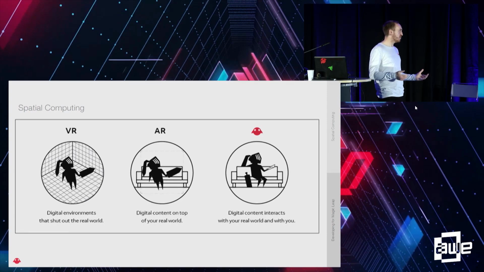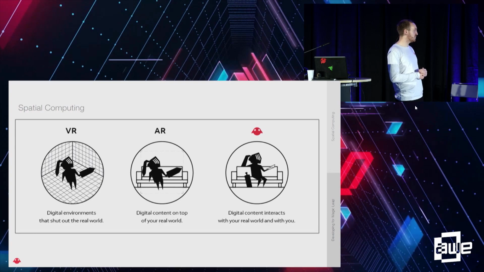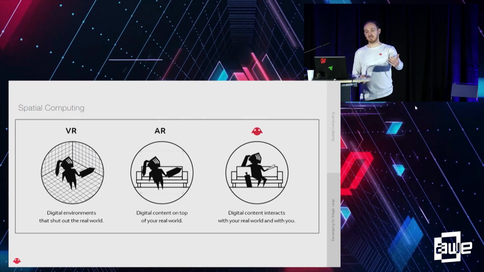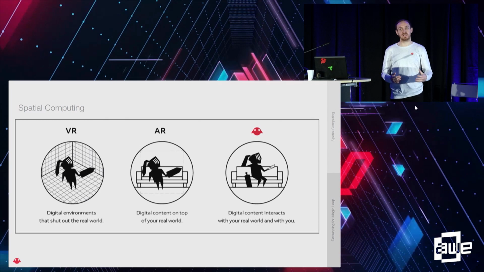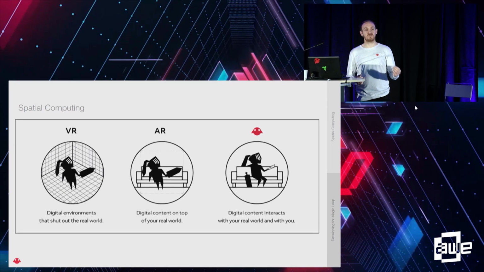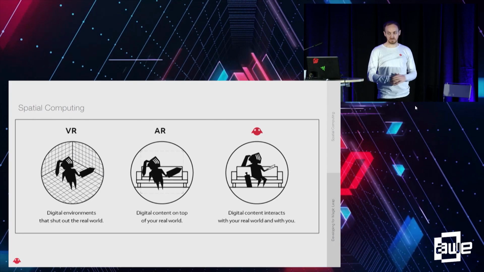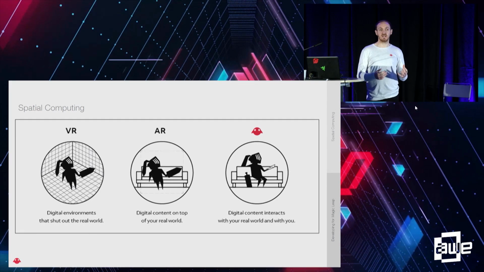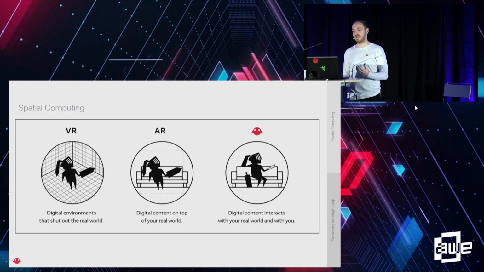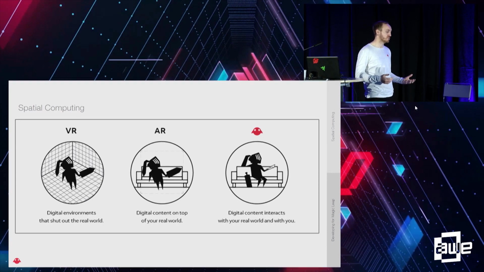Then we've got AR, augmented reality, and this means that digital content is laid on top of the real world, but doesn't actually interact with it. It's not spatially aware. It sometimes doesn't fit the context of what you're in. And this is where mixed reality, or spatial computing as we call it, comes into play. This is where digital content interacts with the real world around you.